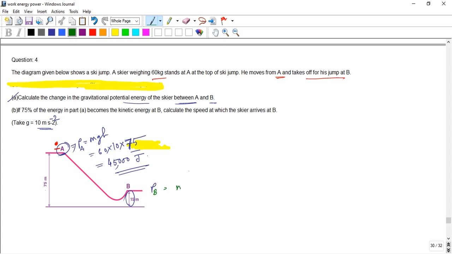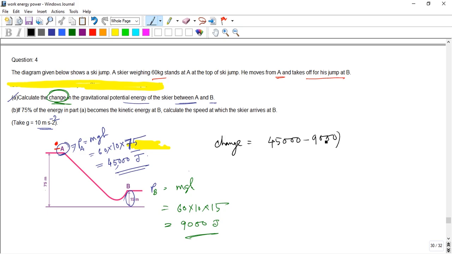We also get mgh: 60 times 10 times h, which is 15, giving 9,000 joule. The gravitational change means the difference, so the change is 45,000 minus 9,000 joule, which is 36,000 joule, or 36 kilojoule.